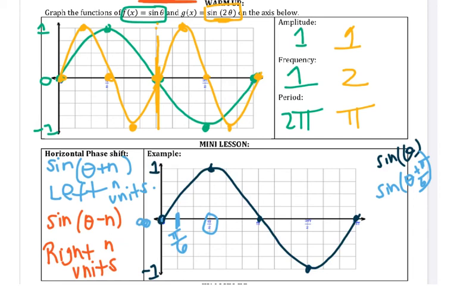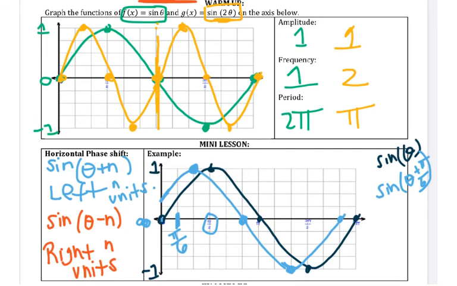It'll be like over here somewhere. This one will shift to the left one. This will also shift to the left one. This will shift to the left one. And this will shift to the left one. And your sine function is going to look slightly different. It all shifted to the left, just one.